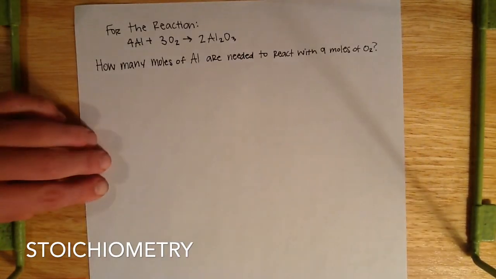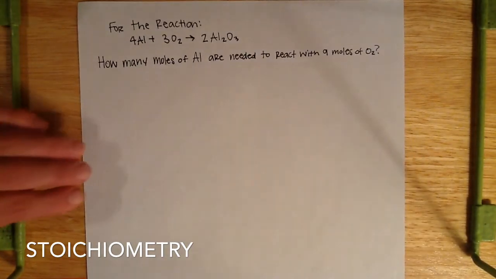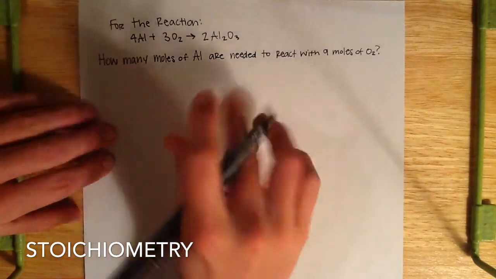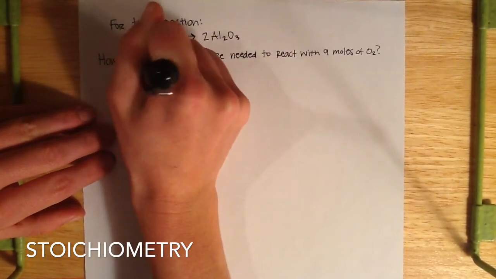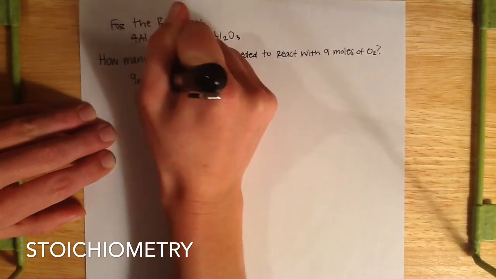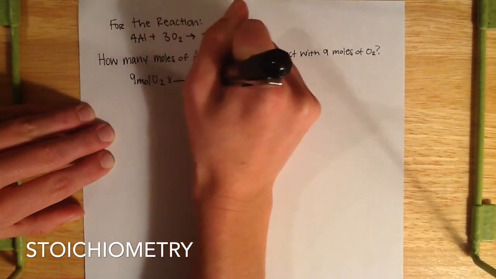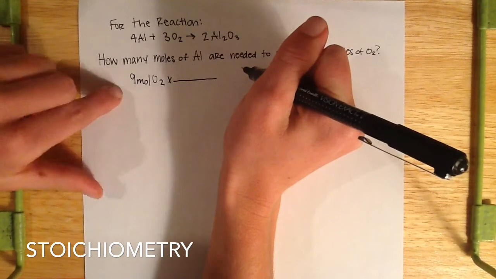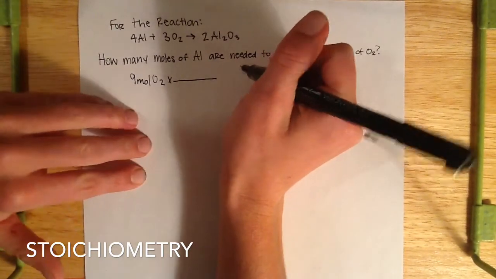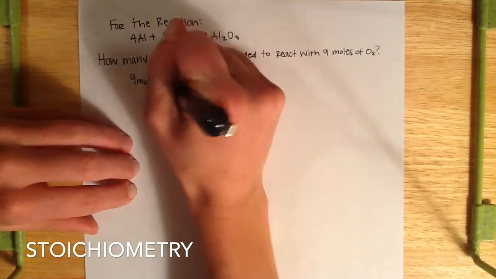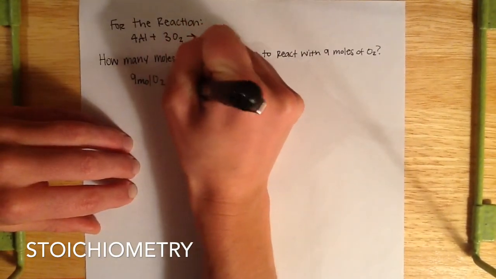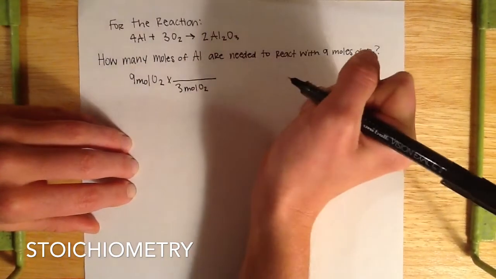So we are going to set up our equation. So we know that we have 9 moles of oxygen times, and oxygen is going to go on the bottom because that's what needs to cancel. So from our balanced equation we have 3 moles of oxygen, so 3 moles of oxygen.